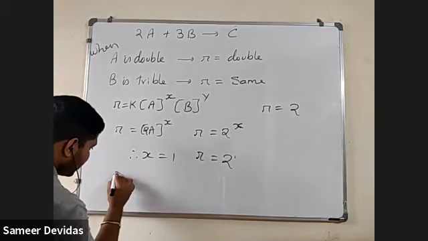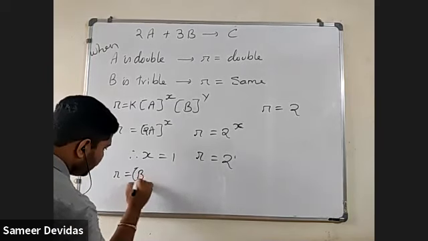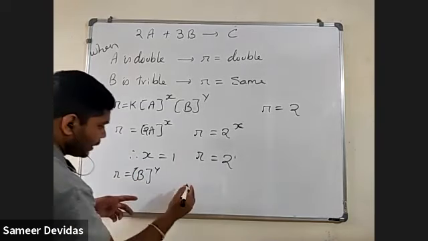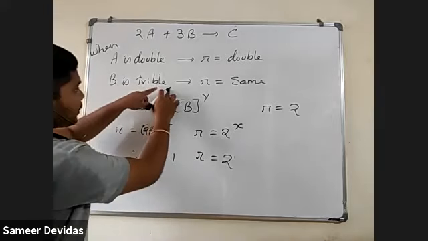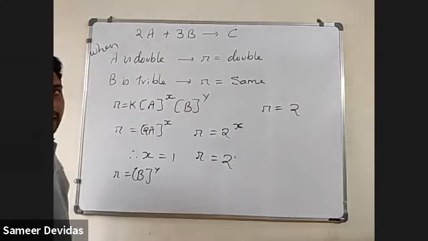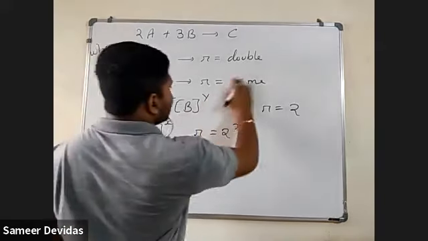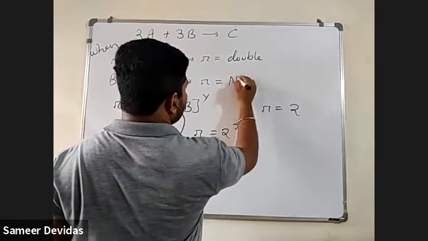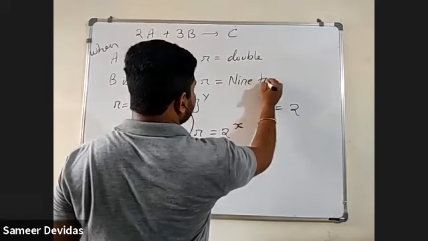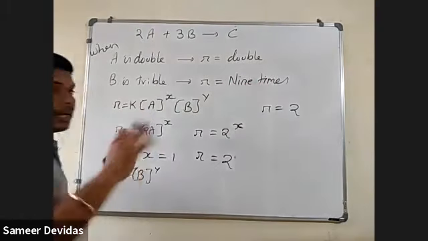Next we will say B is tripled and R remains the same. So we'll go with this. R is equal to B raised to Y. Again I'm writing what they have said: B is tripled, and the reaction becomes 9 times.